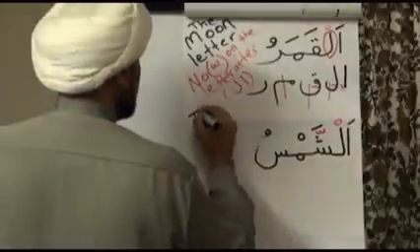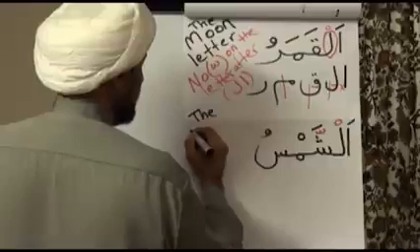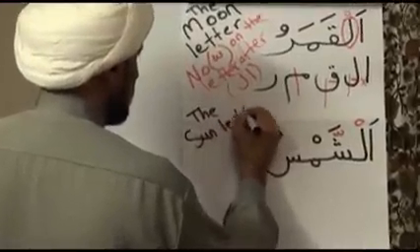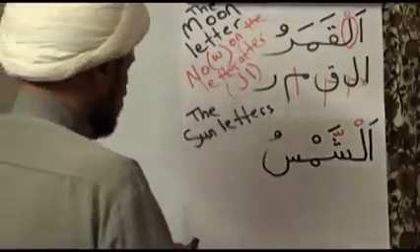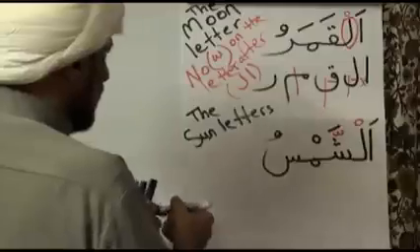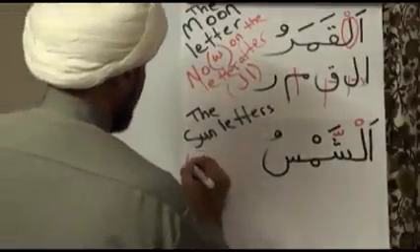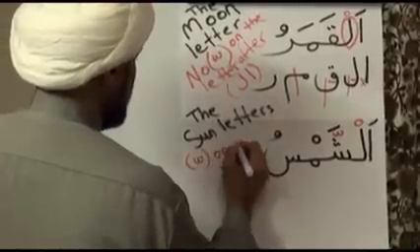So the sun letters, anything which is like this in the Arabic alphabet, the sun letters, there is shadda on it.